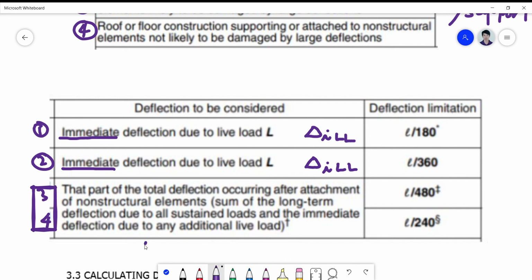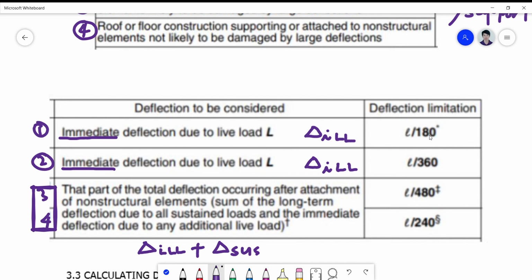So simply, this is delta I LL plus the deflection due to sustained loads. We can call it delta sustained. This sustained load I will be discussing again when we go to the computation.